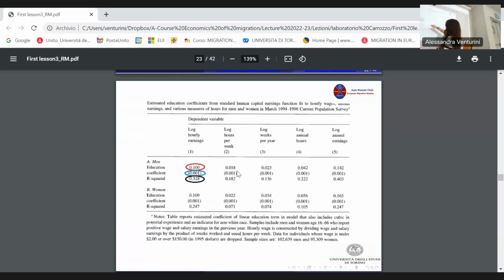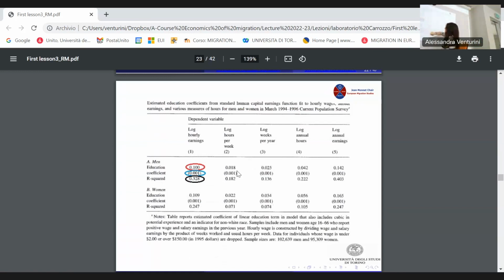So look at the women. So for the women, the situation is very similar, because the increase is 10% like men, practically.